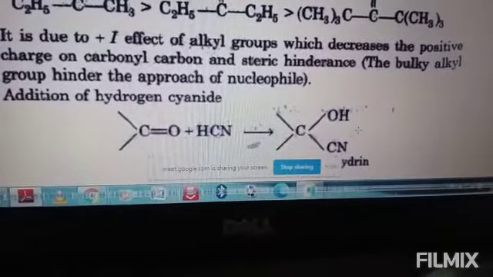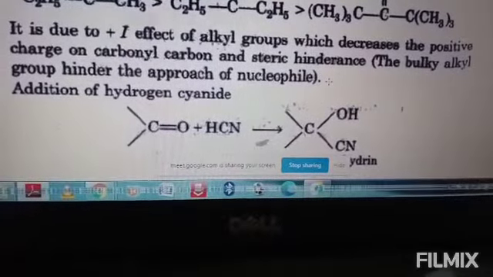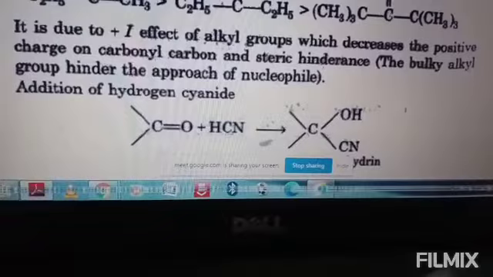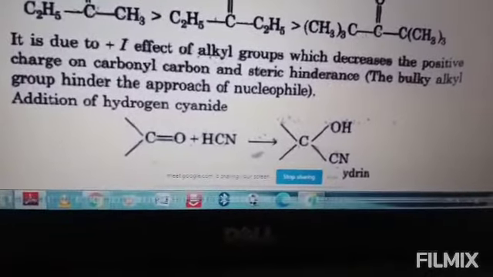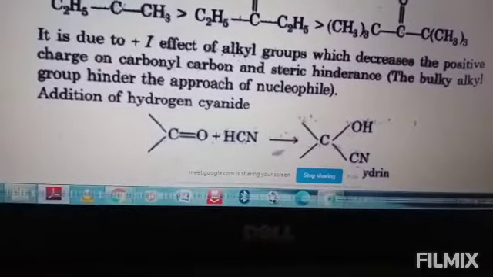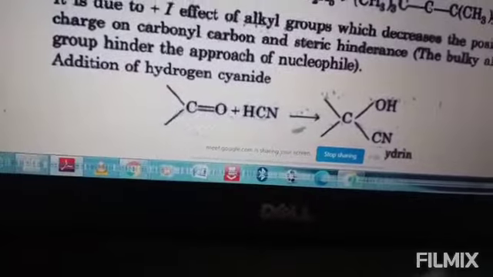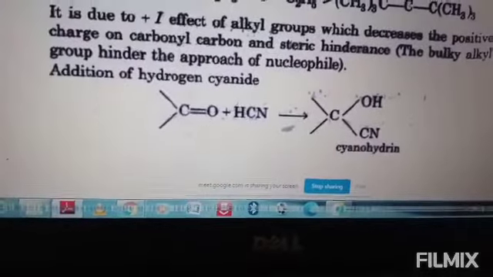In this tetrahedral intermediate, if you add hydrogen or acid, you can get cyanohydrin. The compound we get here is nothing but cyanohydrin. Cyanohydrin means one side of the carbon possesses OH, and the other side has CN. This compound is called a cyanohydrin.